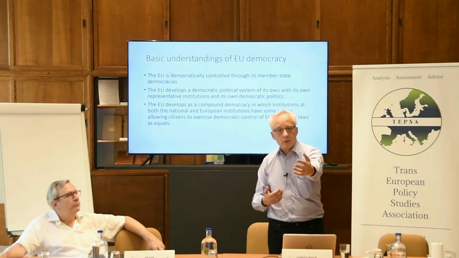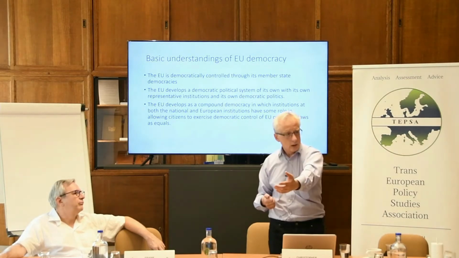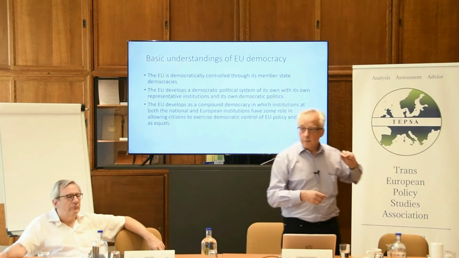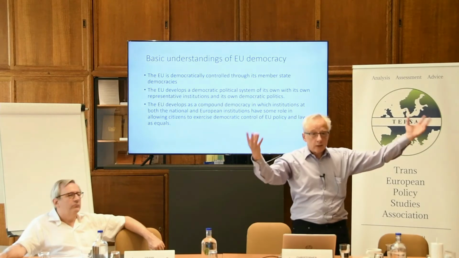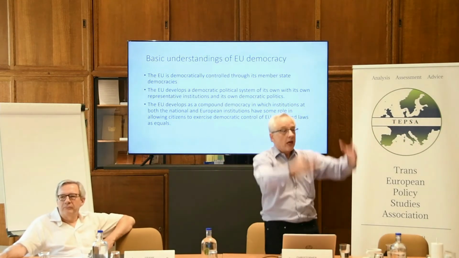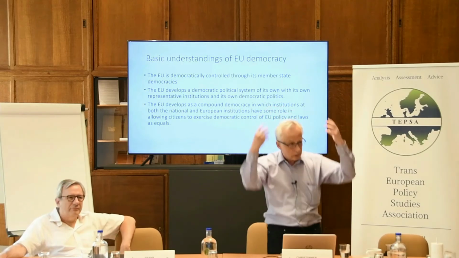So here we have a political system that's mainly about rule-making, about law-making. And what's the procedure for making law? You need co-decision of the Council and of the European Parliament, and we, the happy citizens of the European Union, get to elect these people in the European Parliament. Therefore, we have a democracy at the European Union level.